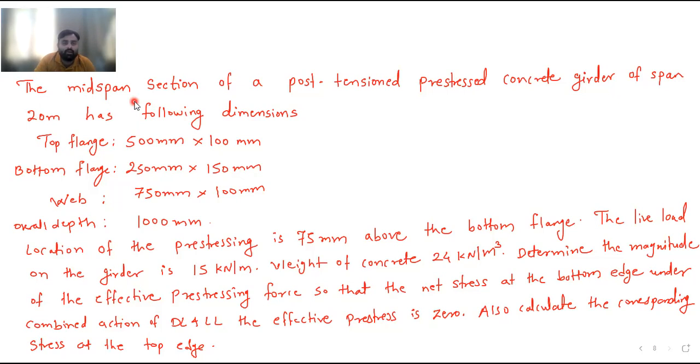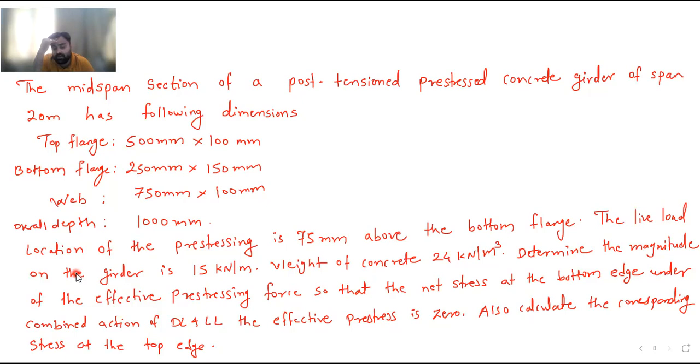of prestressed concrete girder of span 20 meter has following dimensions: top flange 500 by 100, bottom flange, web, overall depth as given. The location of prestressing force is 75 mm above the bottom edge. So from the bottom edge, the prestressing force is at 75 mm. So from the center, if you calculate the distance, you will directly get the eccentricity in this problem. The live load on the girder is 15 kilonewton per meter. Live load is already given, and from the given dimensions, you can calculate the dead load of the girder.